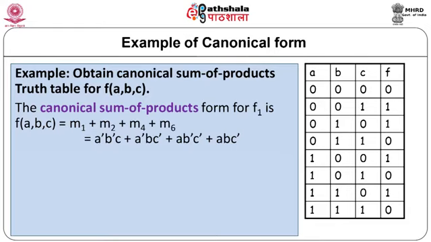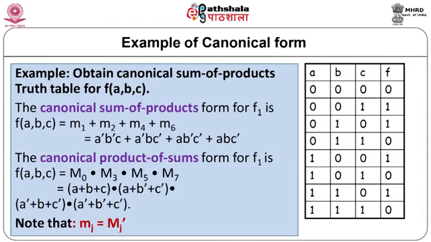Similarly, one can even write the canonical product of sums form. Now, in this case, while writing an expression, we must write the function where the output of the table is 0.